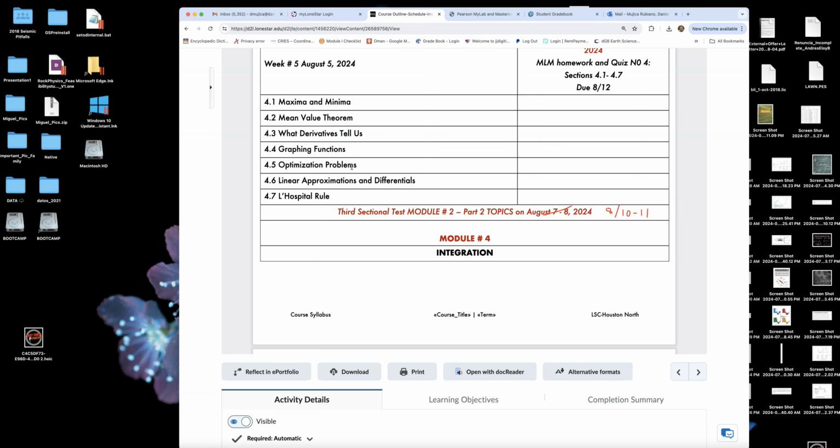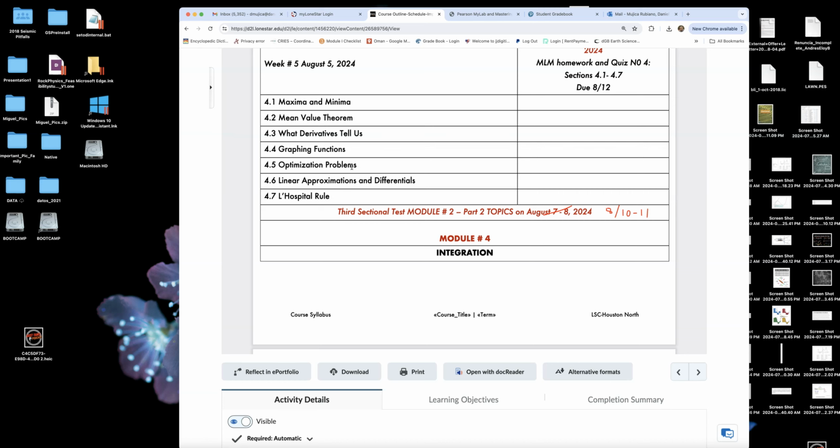For instance, you may have a function that represents the cost of things that you're going to do, and you want to optimize your cost. What is the meaning of optimizing your cost? Well, make your cost minimum. So that problem is equivalent to minimizing some particular function to find the minimum.